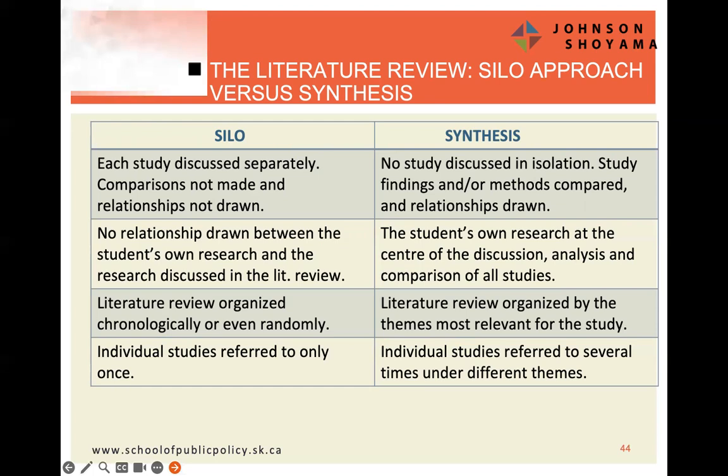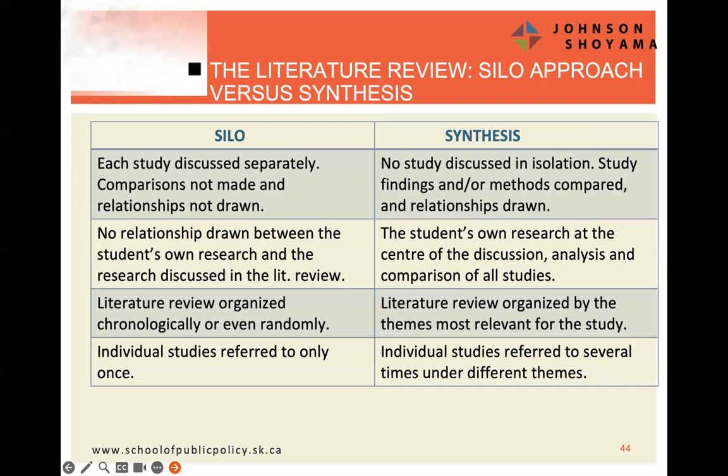of the reporting. Third, in the silo approach, the literature review is organized chronologically or even randomly, or even in terms of literature types: books, journals, and the like. In the synthesis, the literature review is organized by themes, by concepts, and even by dimensions, which are identified by the statement of the problem, just as we have said in an earlier recording, but also as it is relevant to the study.